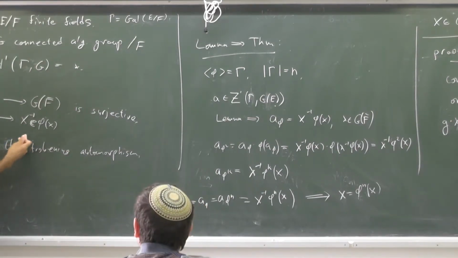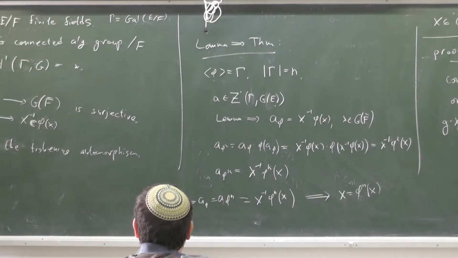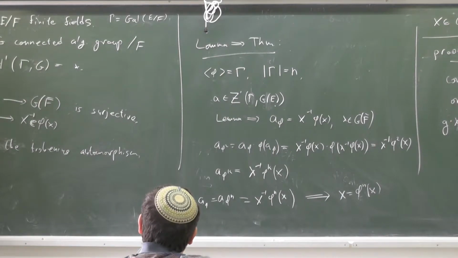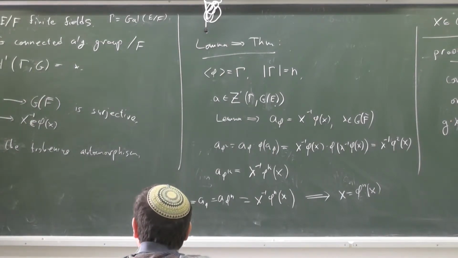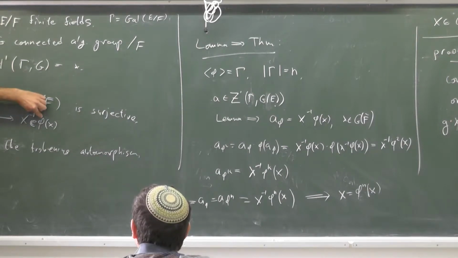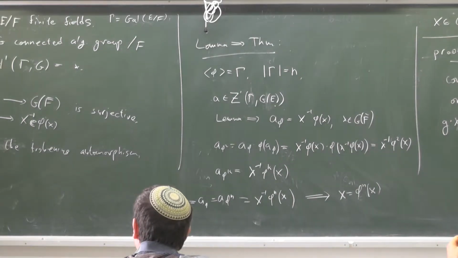G acts on itself from the left, G acts on itself from the right. Conjugation is just the diagonal action. This is a G times G action, and I will stick to the diagonal. This is conjugation. G acts on the right also after twisting by this automorphism. So this gives me another G times G action, and I will take the diagonal there.